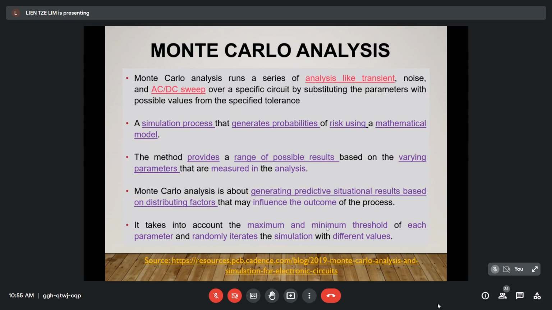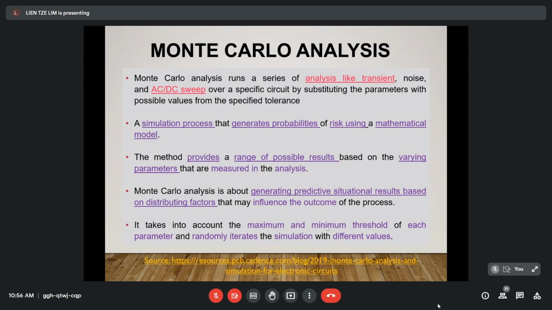So in the process of Monte Carlo analysis, if we want to predict the defect or the failure of the electronic components, the probability of the failure, we have to include the varying parameters. The varying parameters are the input to the simulator, the input for the simulations.